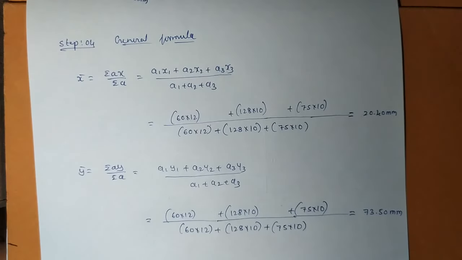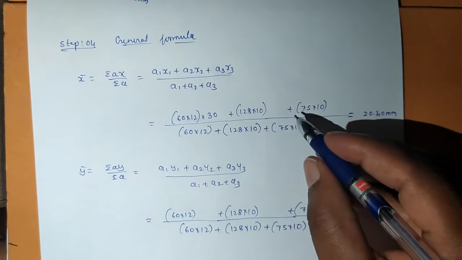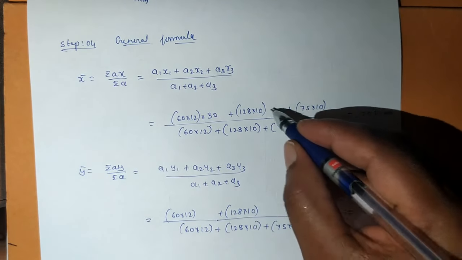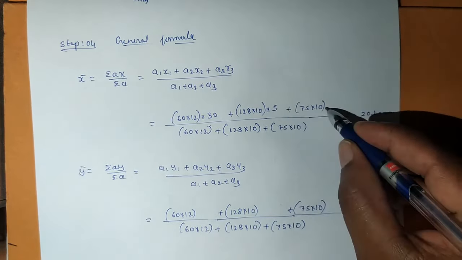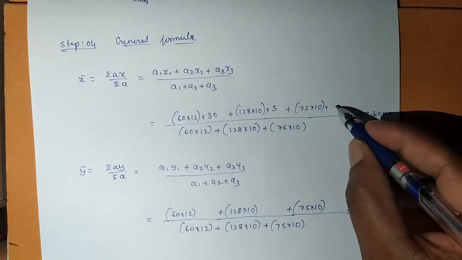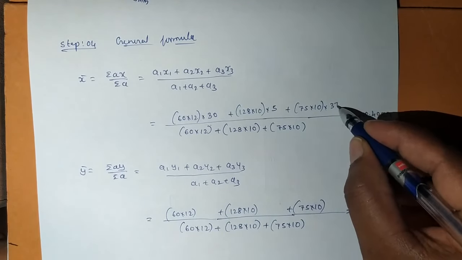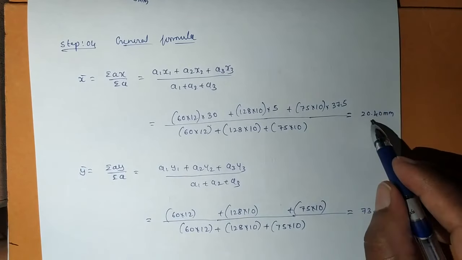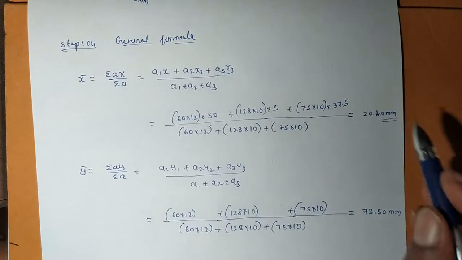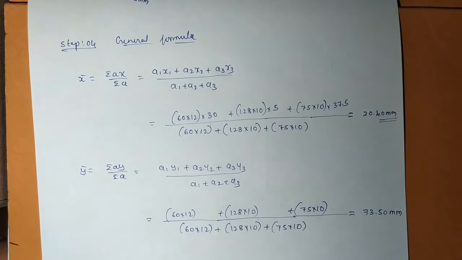Now we are going to substitute for x1, x2 and x3. What is x1? That is already calculated. That is 30. And x2 is 5 millimeter. And x3 is 37.5 millimeter. Similarly, we have to substitute for y1, y2, y3.